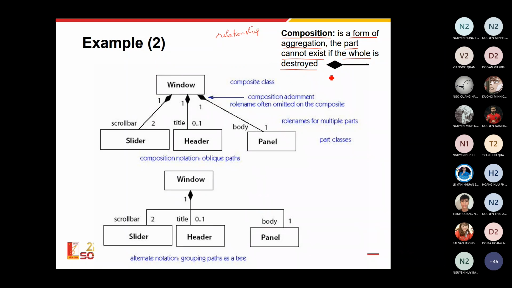So you can have this kind of composition, one kind of aggregation. For example, the window is made from slider, header, and panel. When the window is destroyed, you have no more slider, header, or panel. So this is the composition. Yeah, and you can illustrate like this, or you can illustrate like this. The same thing, the same way. Okay.